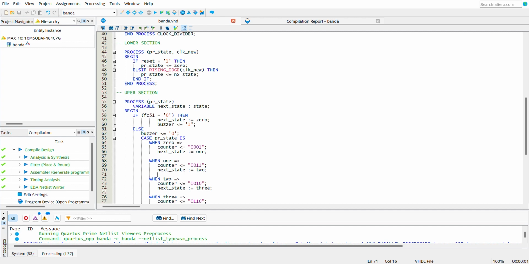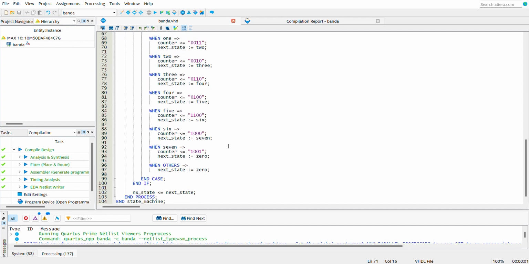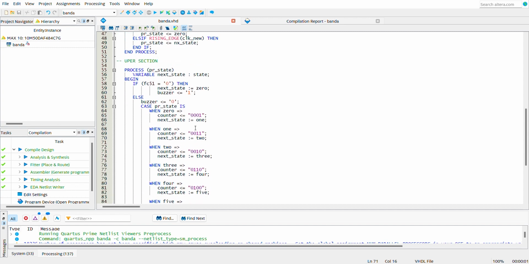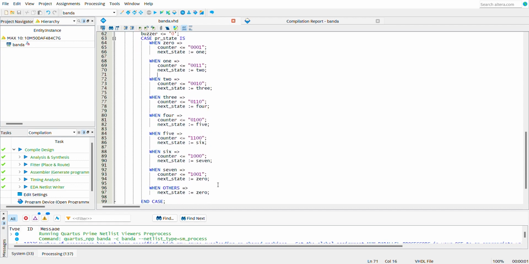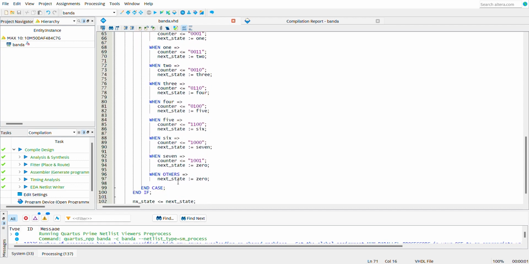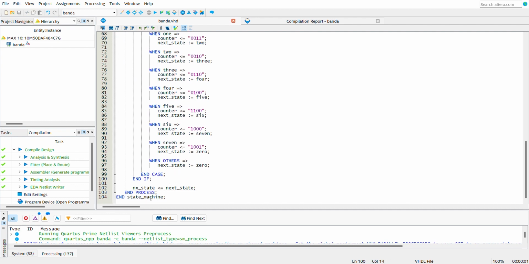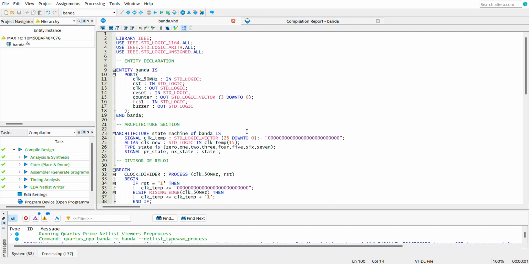This process encapsulates the core logic for the band control system, managing state transitions and output signals. As you can see, it will be from 1, 2, 3, 4, 5, 6, 7, 0, and otherwise it will be 0. So it's pretty much that. And now let's jump to the physical part.